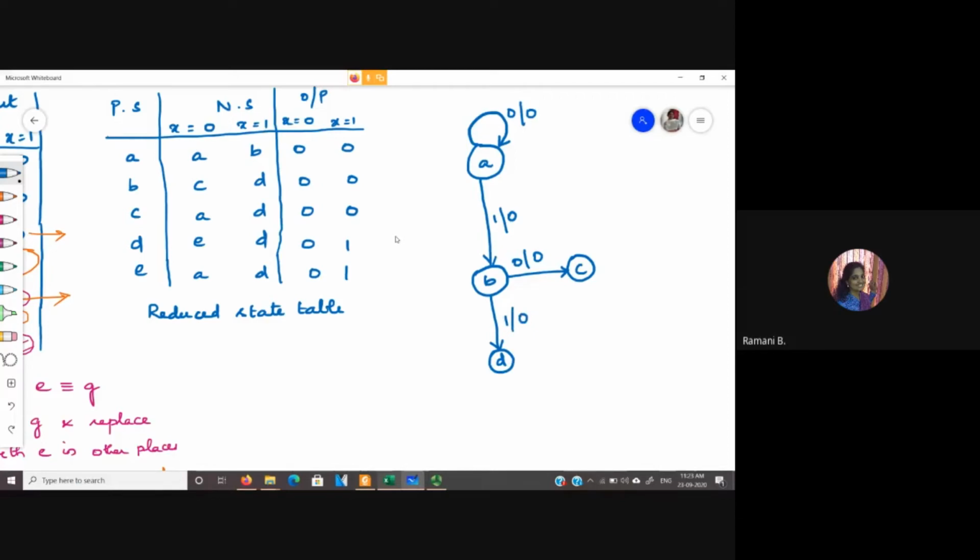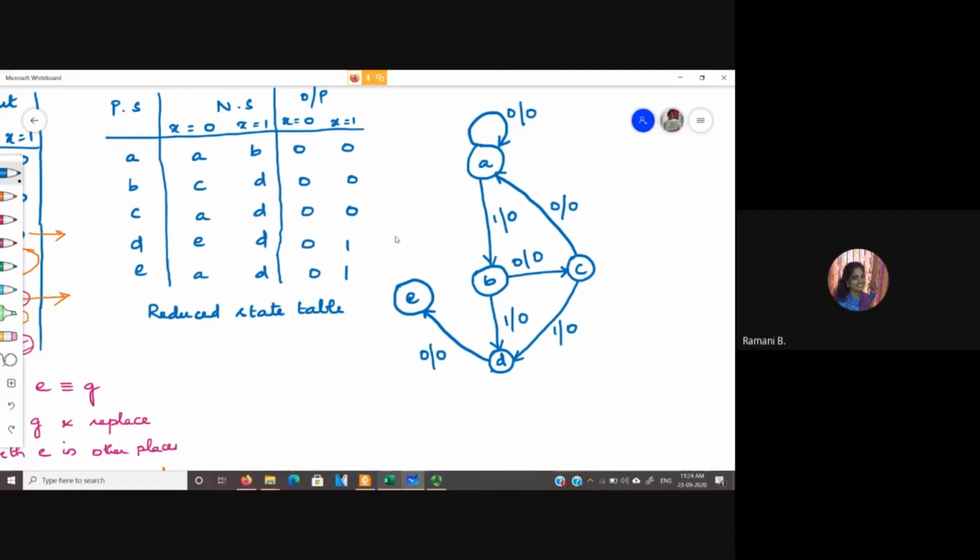Then from state C, for input 0, I move to state A. The output is also 0. And for 1, I move to state D. The output is 0. Then for state D, when the input is 0, I move to state A, output is 0.